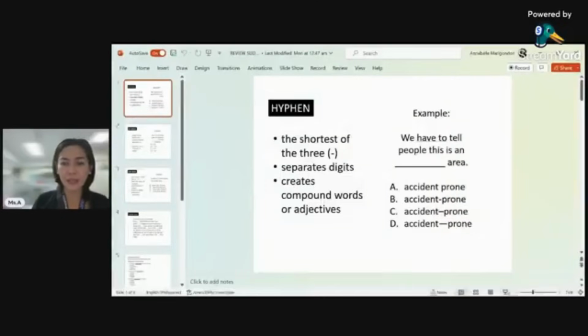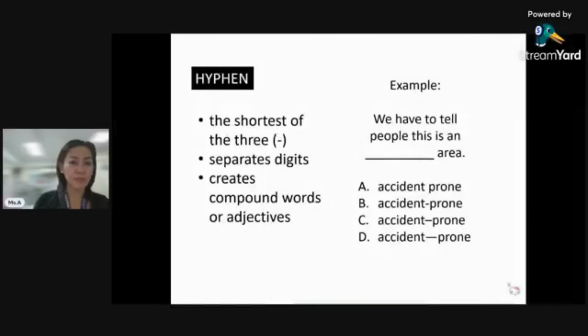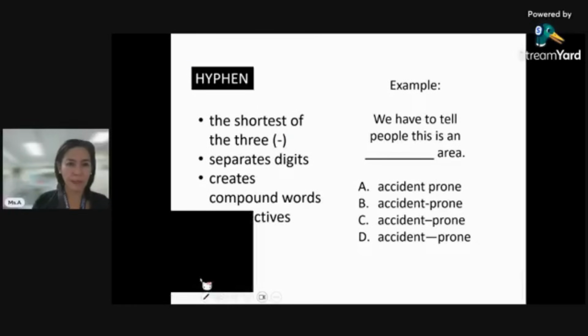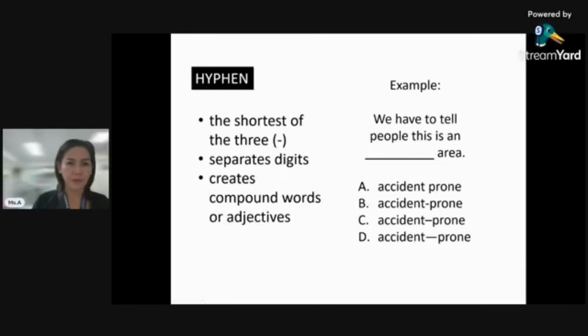Okay, so for sure you know what a hyphen is. Yung po mga nakikita natin sometimes dun sa mga sentences or sa mga words na sa Tagalog ay gitling. Okay? Yan.